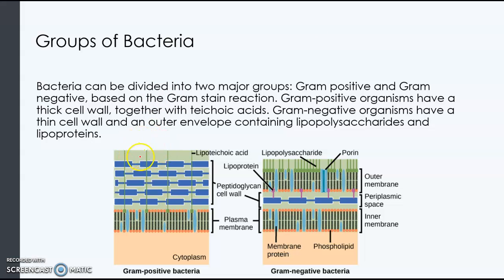If you look on the left, gram-positive bacteria has a very thick peptidoglycan layer in its cell wall, and gram-negative bacteria has a very thin peptidoglycan layer in its cell wall. The thick peptidoglycan layer of the gram-positive bacteria allows it to absorb a purple stain called crystal violet and retain that stain.